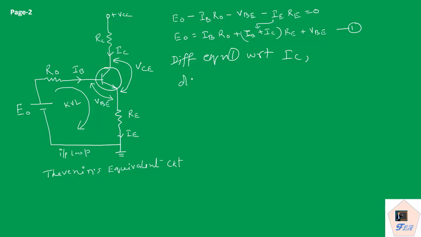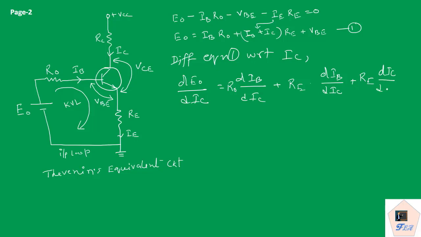What we obtain is dE naught by dIC equal to R naught into dIB by dIC plus RE into dIB by dIC plus RE into dIC by dIC plus dVBE by dIC.